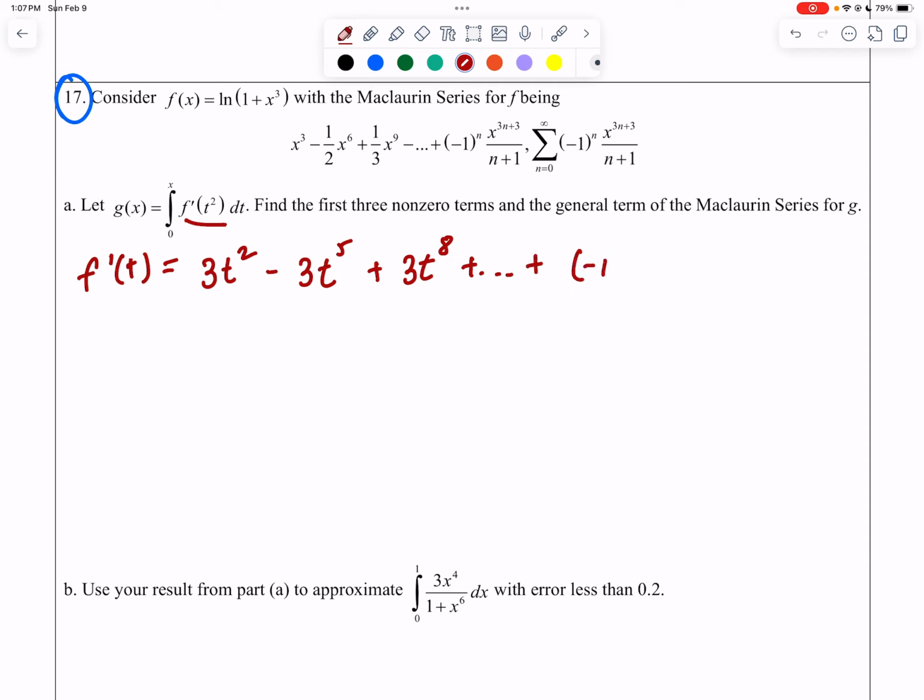And then that's going to give me -1 to the n, 3n plus 3, and then t to the 3n plus 2 all over n plus 1. Now I'm going to simplify this a little bit because it looks pretty nasty right now, but with the 3n plus 3 and the n plus 1, that can be simplified down to 3. So I can have this right here.